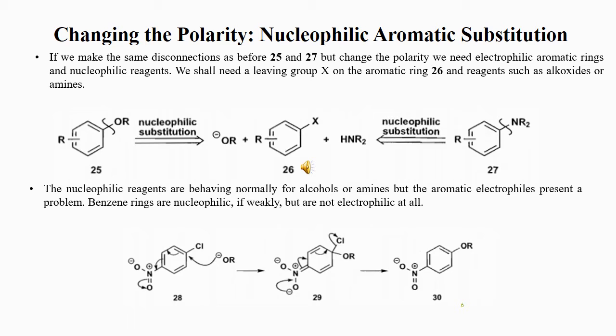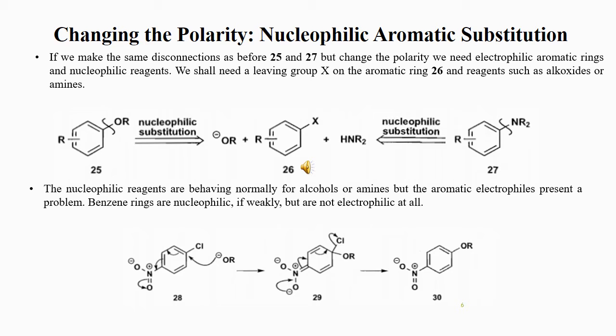Now come to the slide. Here we see that there are two target molecules, 25 and 27. For both of these, if we disconnect the C–O bond in 25 and the C–N bond in 27, we can have the same aromatic nucleus here, 26.